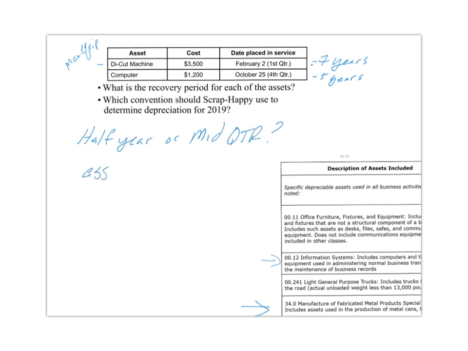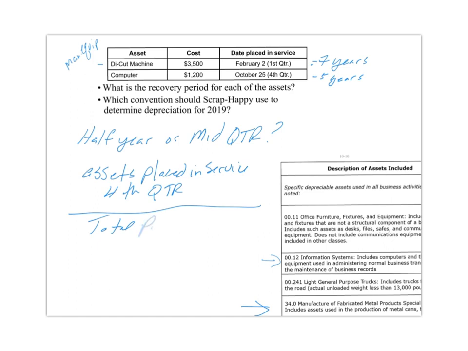So the formula is assets placed in service fourth quarter divided by total. And again, we're talking about personal property. Total personal property placed in service that year.